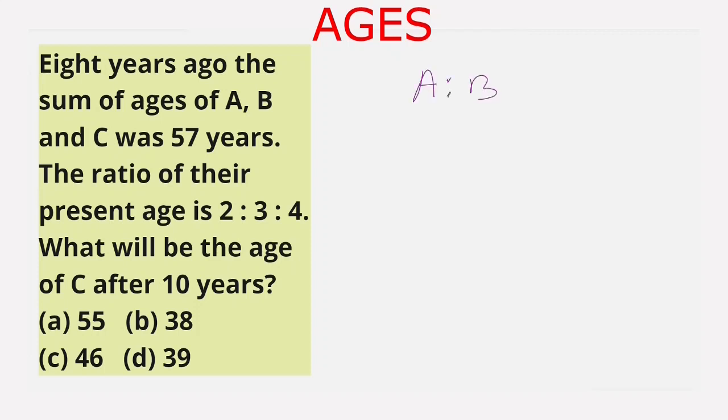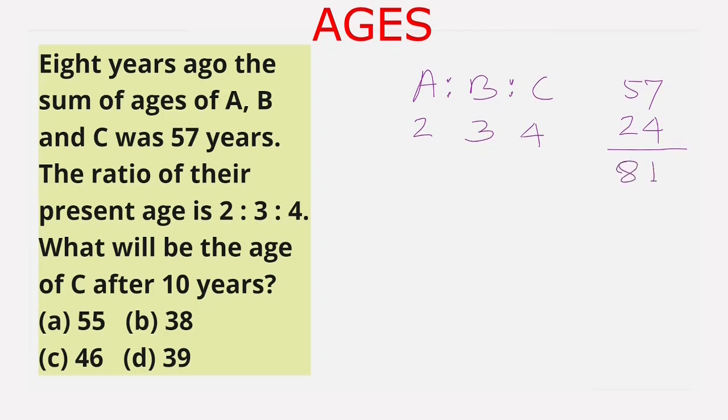A ratio B ratio C is 2, 3 and 4. The sum of their ages was 57 years. And if we add 24, 8 for A, 8 for B and 8 for C, so this is 24, and if we add 24 to 57, we get 81.